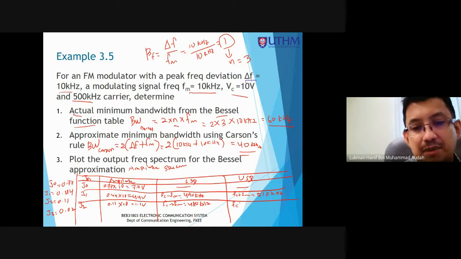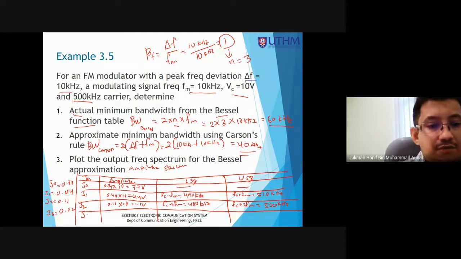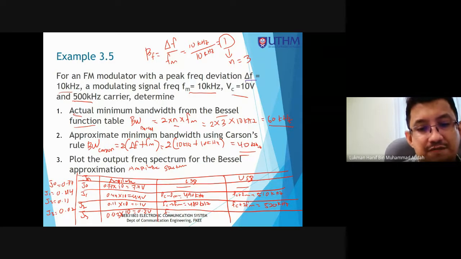Here is Fc plus 2 Fm equal to 520 kilohertz. And then for J3, this is equal to 0.02 multiplied with 10, so 0.2 volt. So this is Fc minus 3 Fm equal to 470 kilohertz. This is Fc plus 3 Fm equal to 530 kilohertz.